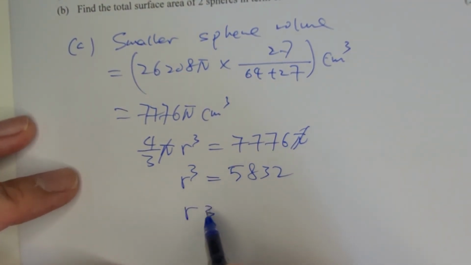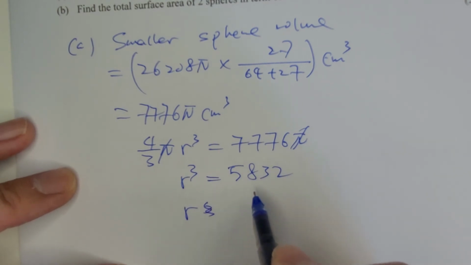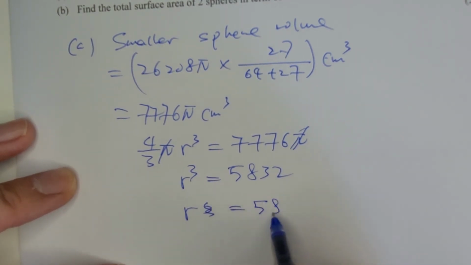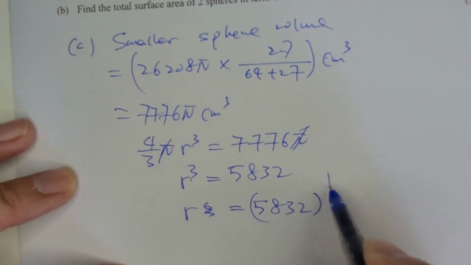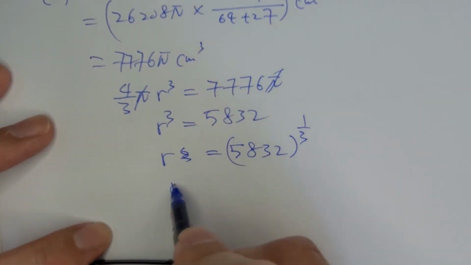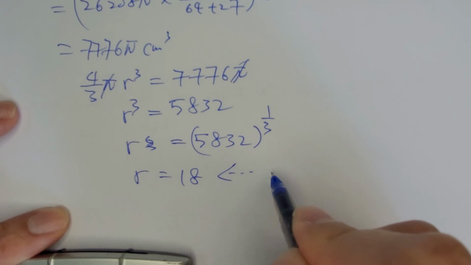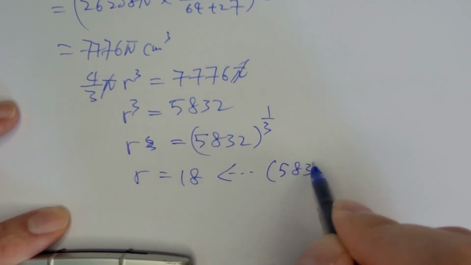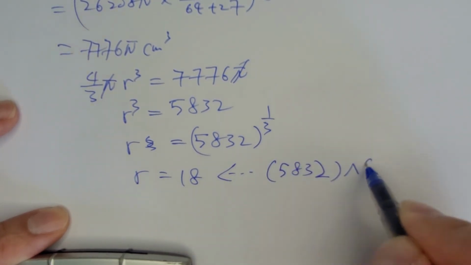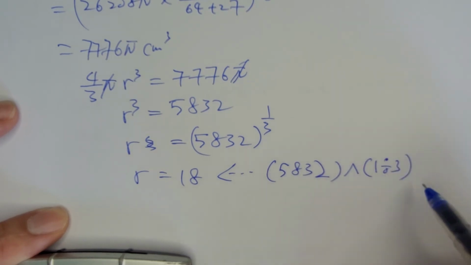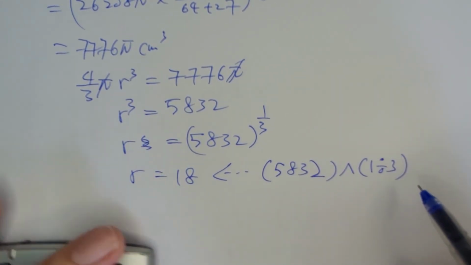So r equals 5832 to the power 1/3. So r is 18. And how to press this? You just press 5832, this one, and then enter.